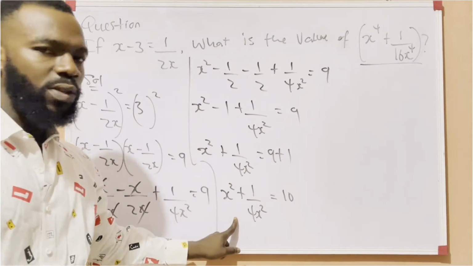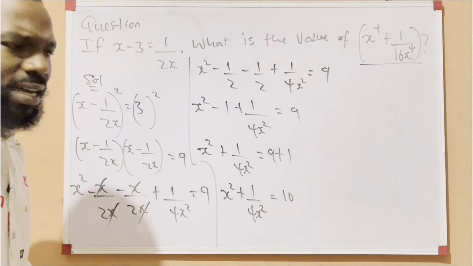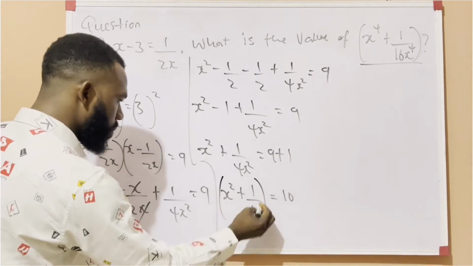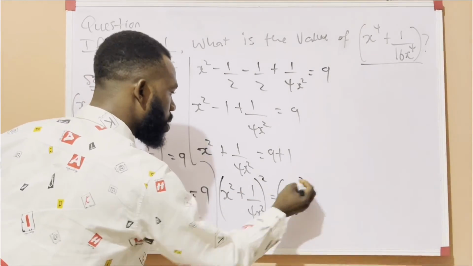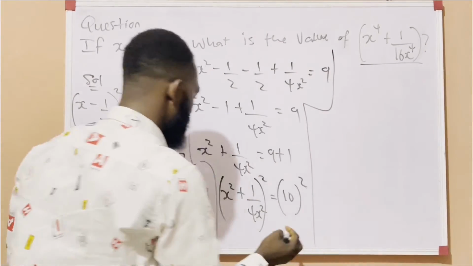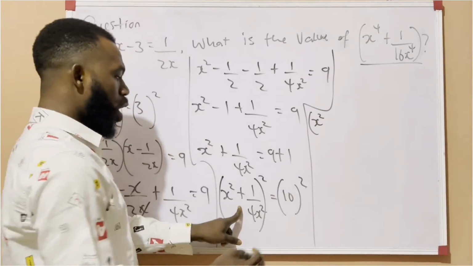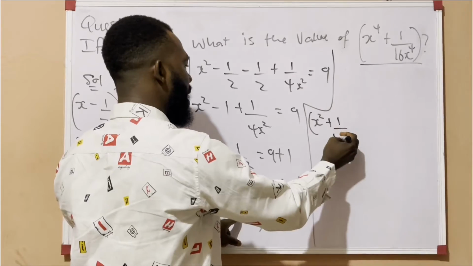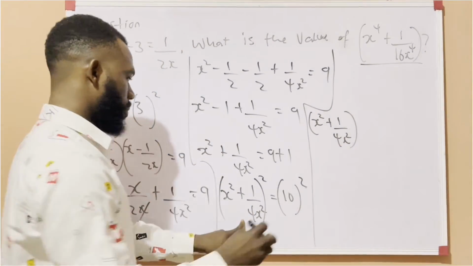From this place, we are going to take the square of both sides. Now, when we take the square of both sides again, watch what I'm going to do. Automatically, what does it mean? It means x squared plus 1 over 4x squared is appearing 2 times.